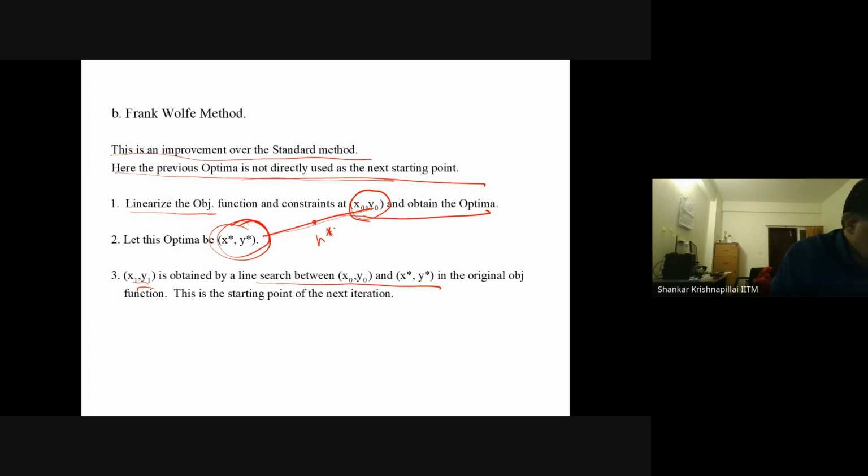That will give x1, y1. The line search between x naught, y naught, and x star, y star is done on the original objective function, not the linearized objective function, because the linearized objective function is too rough or too approximate. Then this x1, y1 is the starting point of the next iteration.